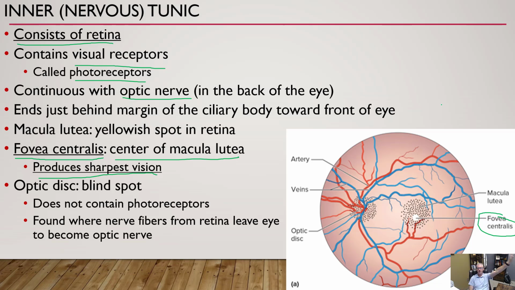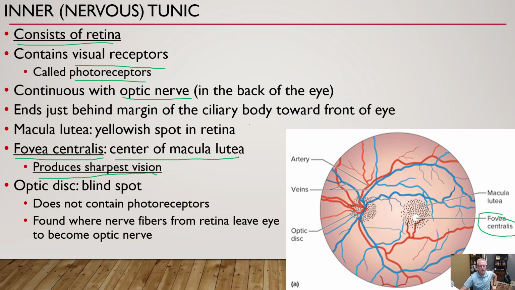If I see something in my periphery, that is not projecting onto my fovea centralis. I don't have that sharp vision in my periphery. I have that sharp vision if I'm looking directly at something. So whatever is projecting onto my fovea centralis, it's because that is what I am looking at directly.